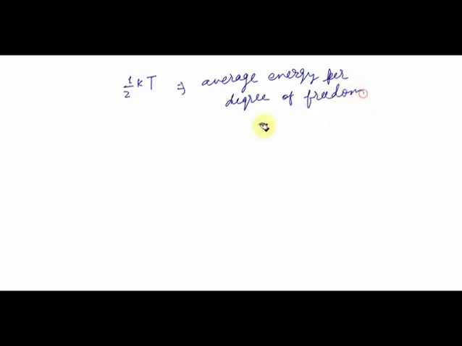So according to the law of equipartition of energy, the average energy per degree of freedom is half kT. This is the average energy per degree of freedom for a single molecule.